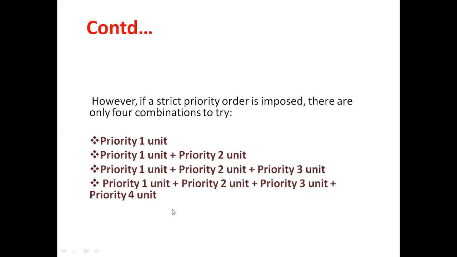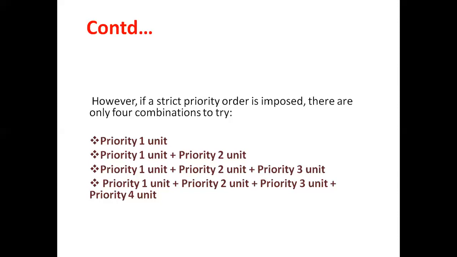Say there are 4 units: unit 1, unit 2, unit 3 and unit 4. Unit 1 has the minimum average full load fuel cost, followed by units 2, 3 and 4.